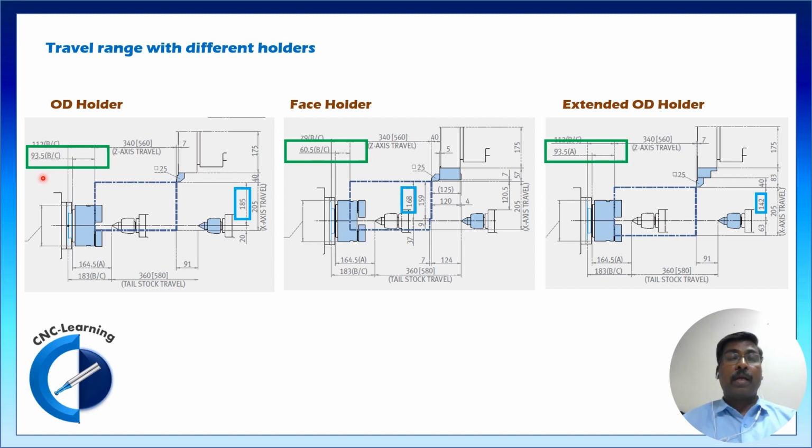So this is 93.5. Here also it is the same, whereas here it is less. So with the facing holder, the start point also will get shifted here, and it can go more inside the chuck. You can see this line is well within, whereas this one is coming here.